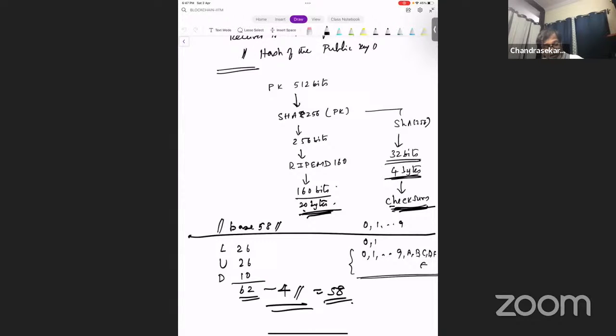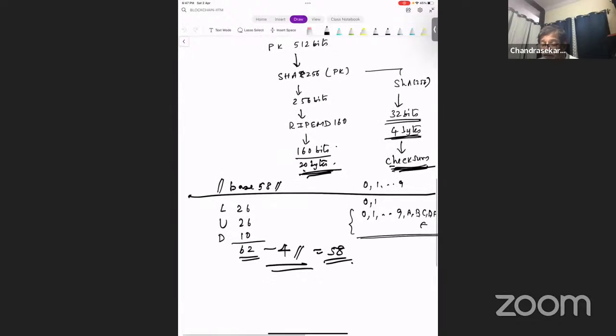So which 4 would I remove? The following 4 symbols: capital O and number 0, and lowercase l and uppercase I. When you see a symbol like that l and other things, they get very close to 1.